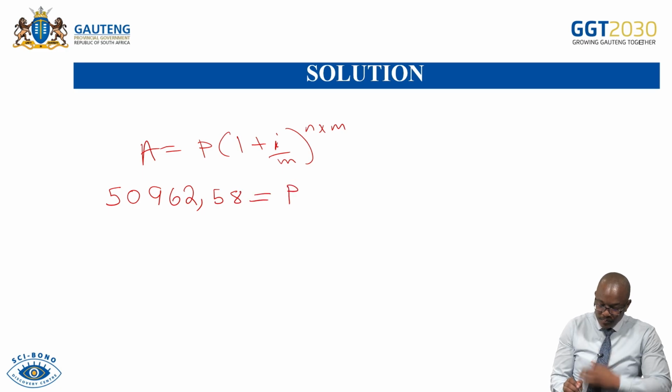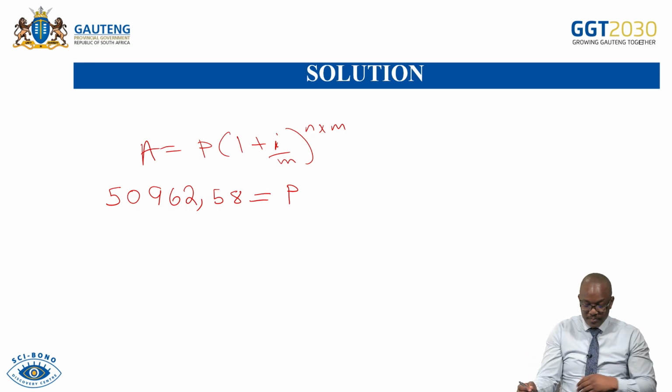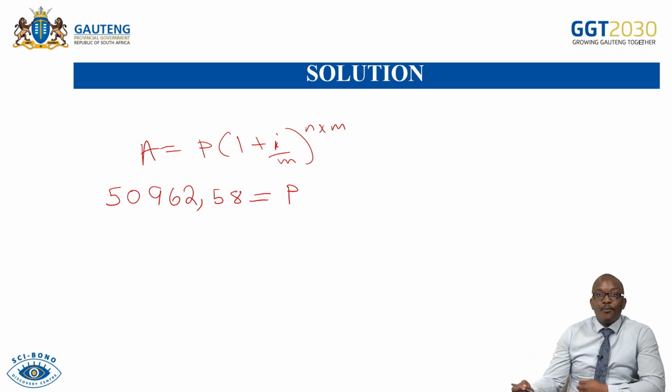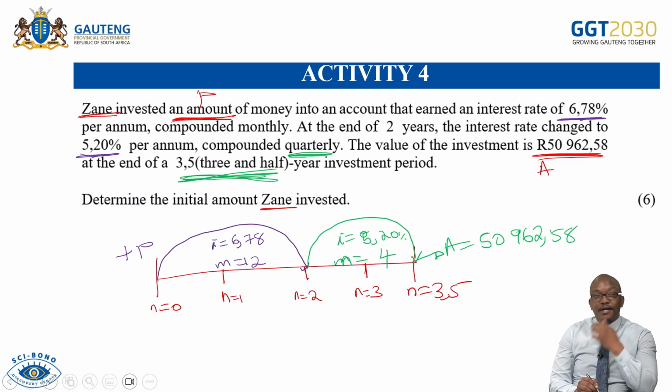It's equal to P. Remember, we don't know what P is. P is the money that should be invested. We don't know how much that money is. Then, the interest. Now we add the interest on that amount.